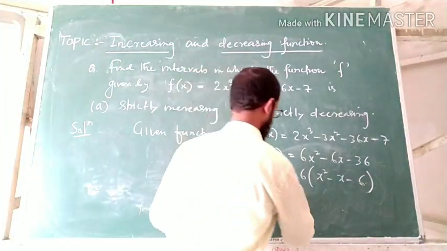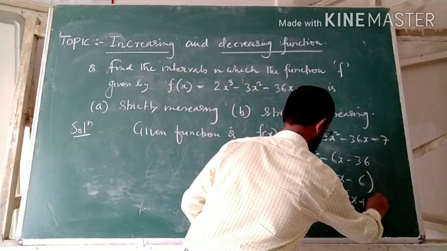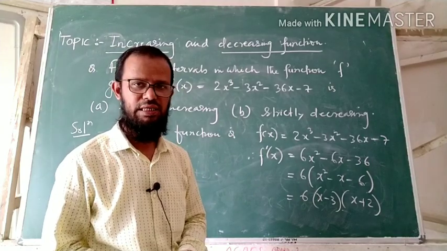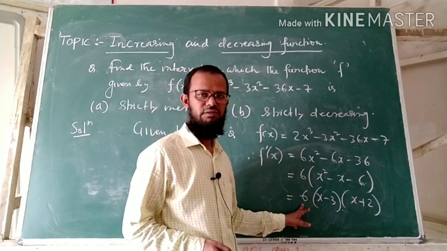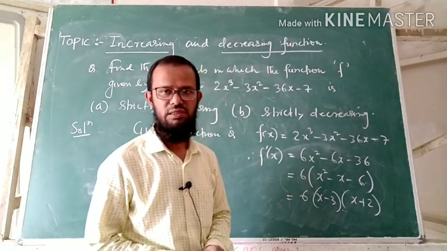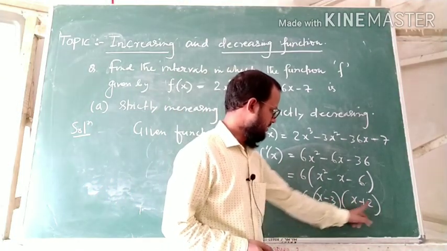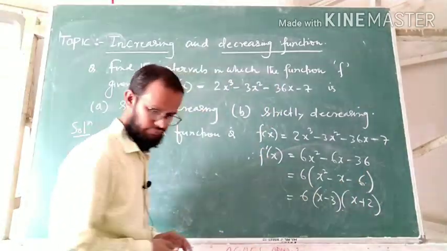So x - 3 into x + 2 will be the ultimate factorization of this particular expression. Clear everybody? x² - 3x + 2x - 3 into 2 is -6. Okay, clear?